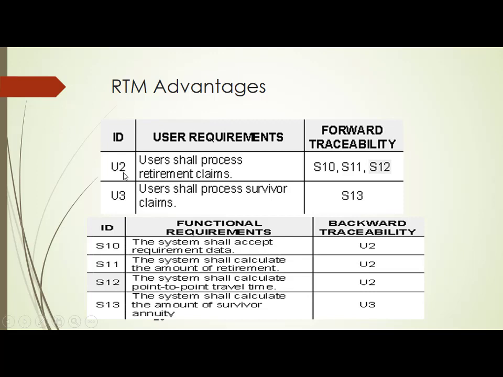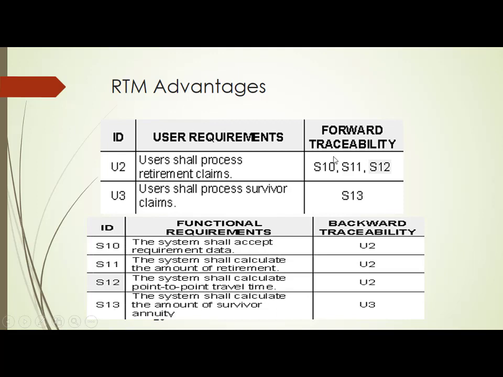When you look at user 2, you can see this user 2 requirement came from stakeholders S10, S11 and S12. If you want to know who S10, S11 and S12 are, you have to go to the stakeholder register, where you will have who stakeholders S10, S11 and S12 are. Finally, you have user shall process survivor claims. This is user 3. This user 3 requirement is coming from stakeholder S13.